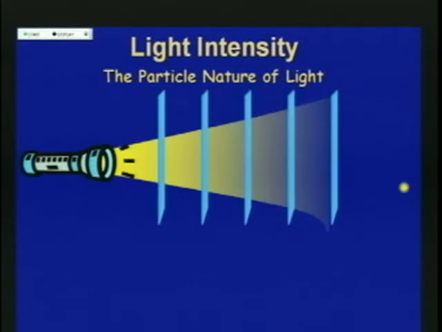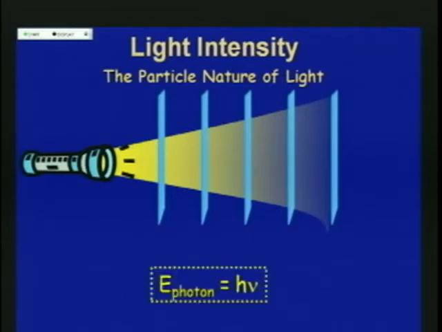So it's almost as if there's some sort of fundamental particle, if you will, of light. And that's what we call a photon. Who's heard of a photon before? Do you know who coined the term photon?